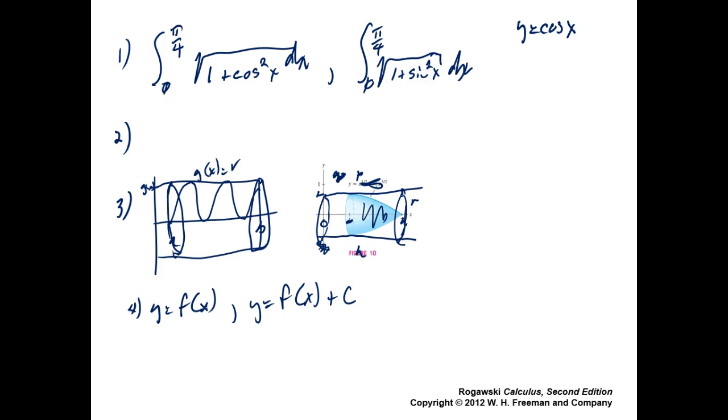Use the formula for arc length. The length of the graph of 1 over 4 cannot be less than 3.